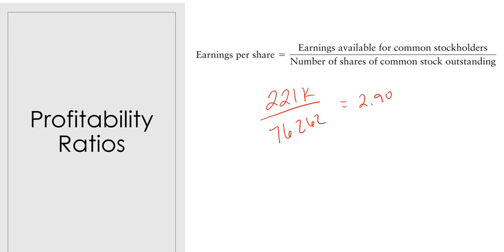Earnings per share is also greatly affected by the company's ability to meet analyst expectations. So if a company doesn't meet analyst expectations, we see stock prices decline. So it's a widely watched ratio, and it does have some drawbacks just because of share dilution and such.